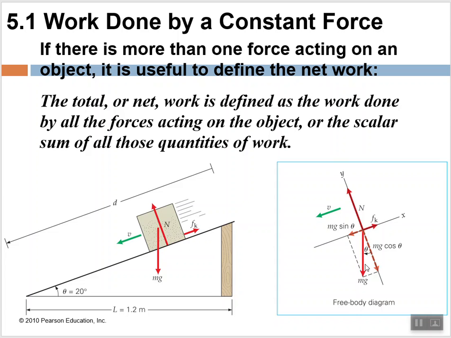And then we also have the component of its weight that's pulling it forward, which we commonly refer to as mg sine theta, the force pulling it down. Then we'd use our sum of forces to find the net force pulling on it. We could take that times the distance that the box would travel.